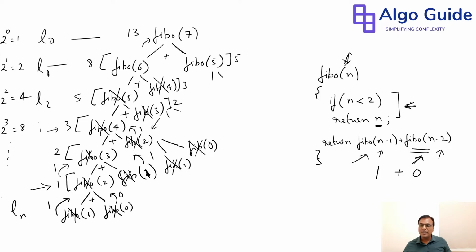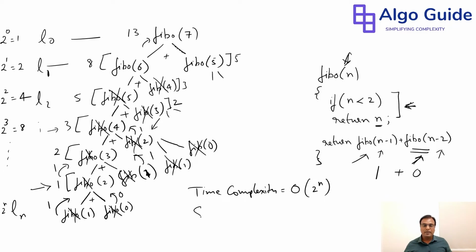At the last level, it will be 2 power n function calls. So the time complexity for this approach will be of the order 2 power n. This is an exponential time complexity and has to be optimized to a polynomial time complexity.